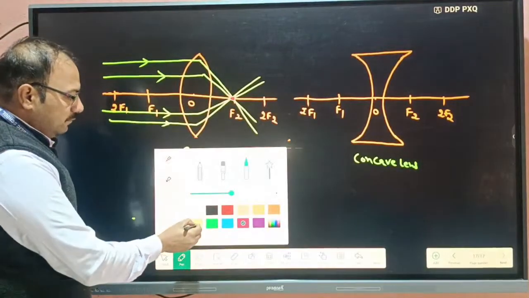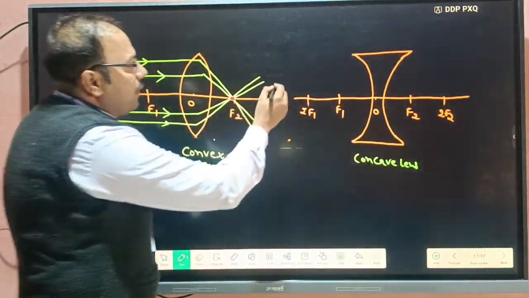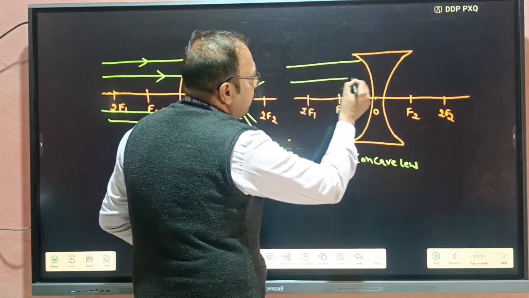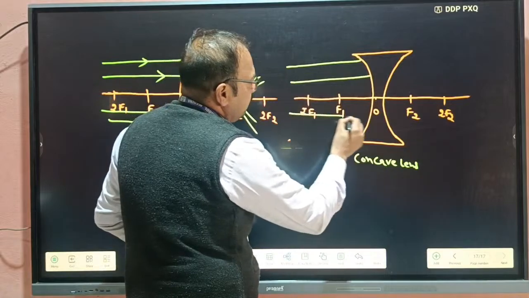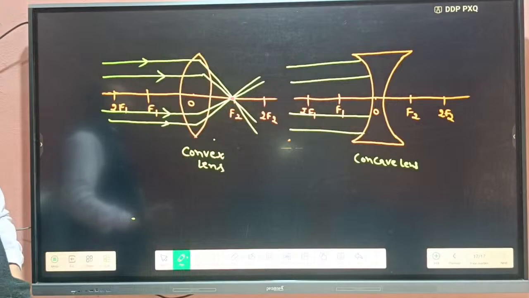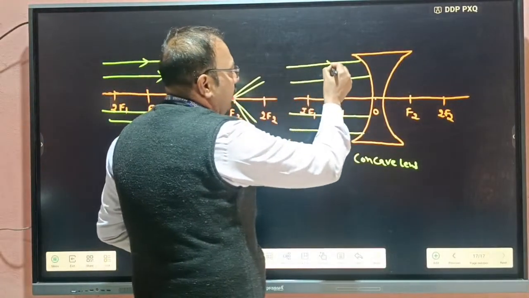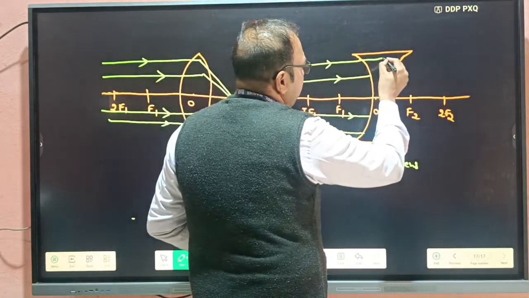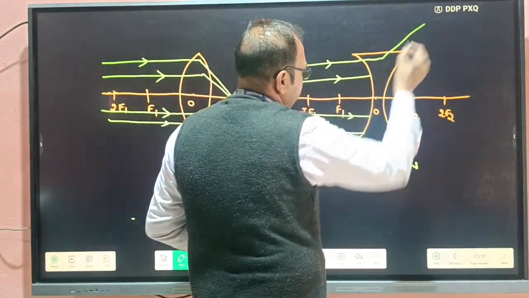And second, when rays come parallel in a concave lens like this, so what happened? They also are refracted. And how are they refracted? They are refracted like this.